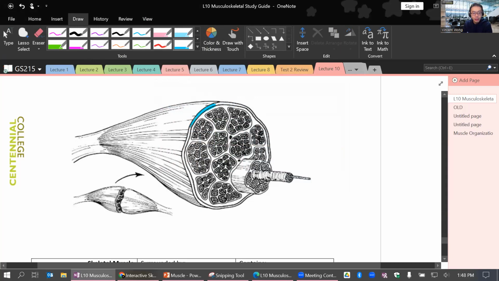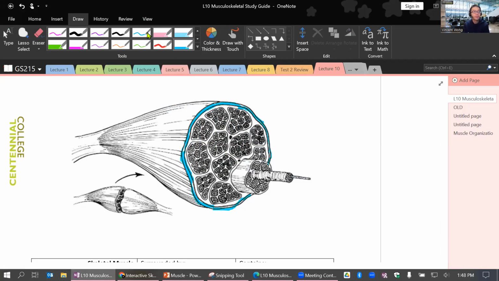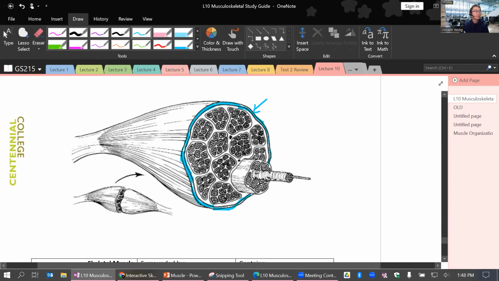All right, so right here, there it is. This outermost layer that goes around the entire muscle. What is the name of that? Anybody? Help me out here. Just look at the diagram we drew together and match the name. What is that?